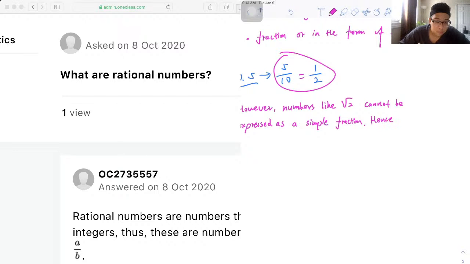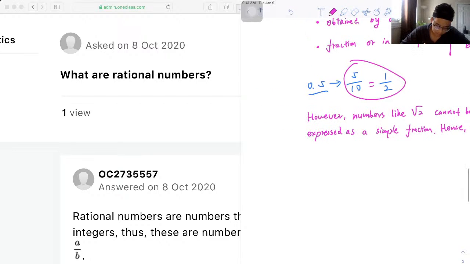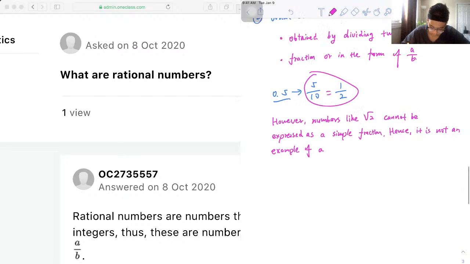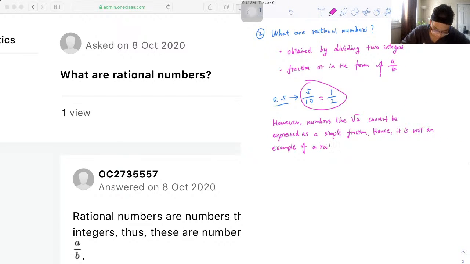Hence, it is not an example of a rational number.